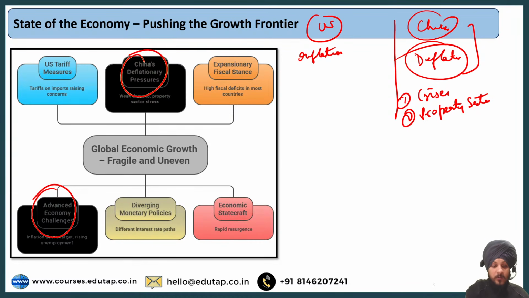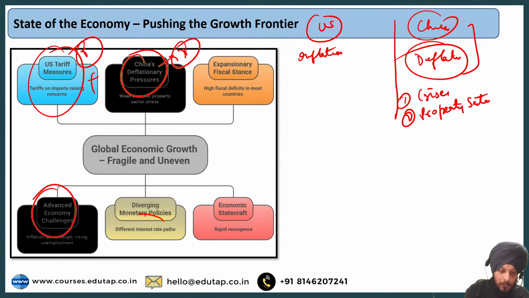Now, if you try to merge these two points, on one side we have countries like the US, which are witnessing inflation, and on the other side we have a major economy like China, which is suffering deflation. Don't you think that in order to solve these challenges, the different countries are going to implement monetary policies in a divergent manner?